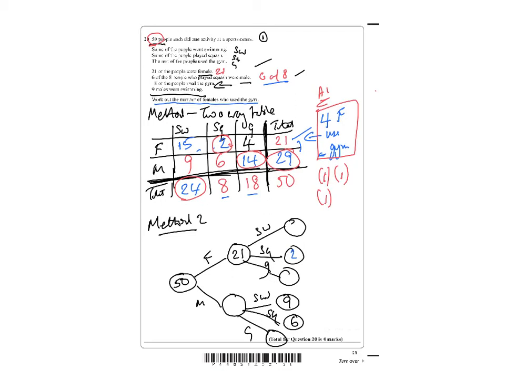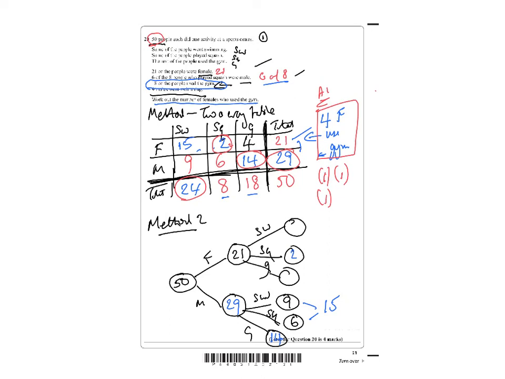Now all I'm going to do is fill in the missing piece of information. So there's 50 people altogether. 21 of them are female, which means 29 have to be male. Here, for the swimming and squash, there's 15 male, which means that those who go to the gym must be 14, which means I can now use the information I'm just underlining at the top here. 18 of the people use the gym.